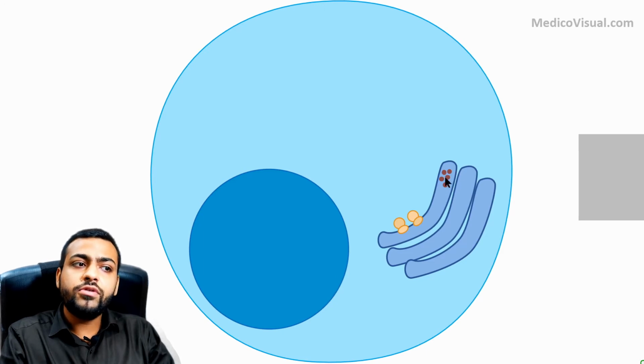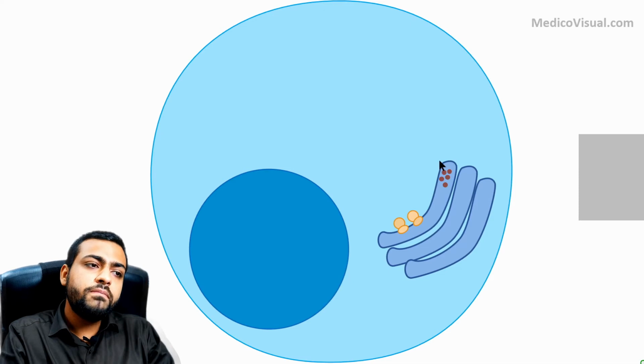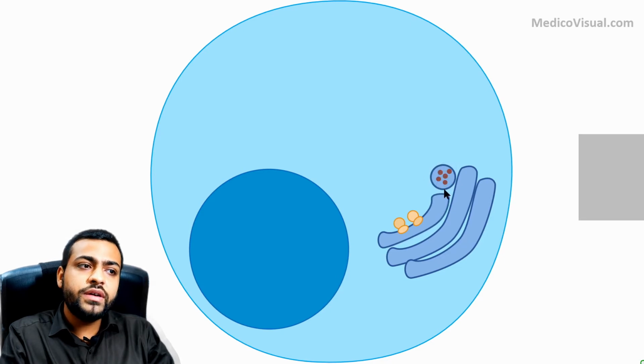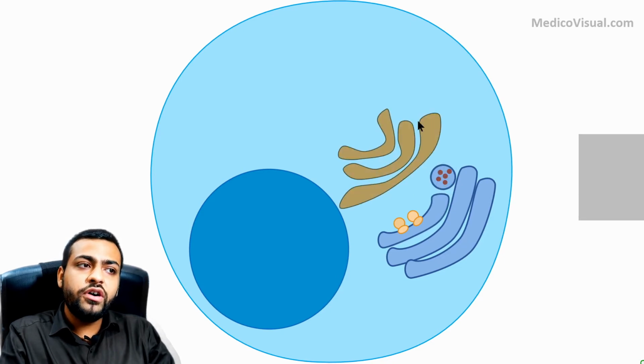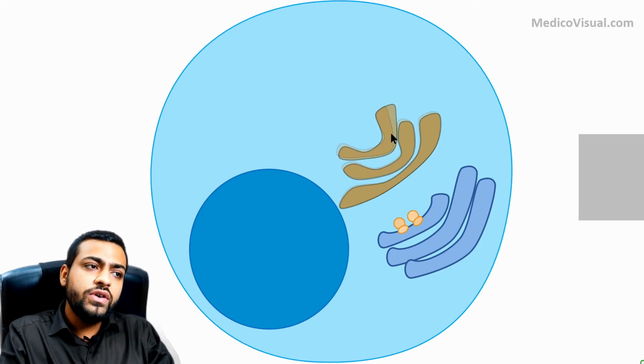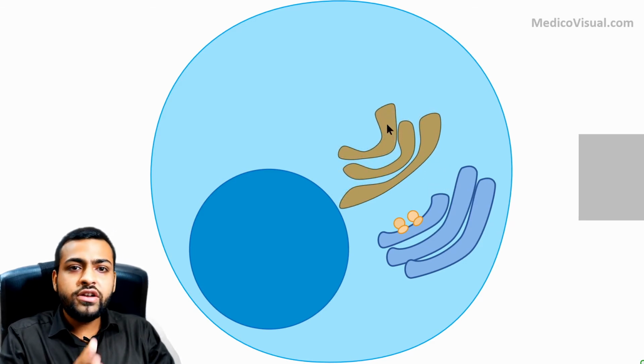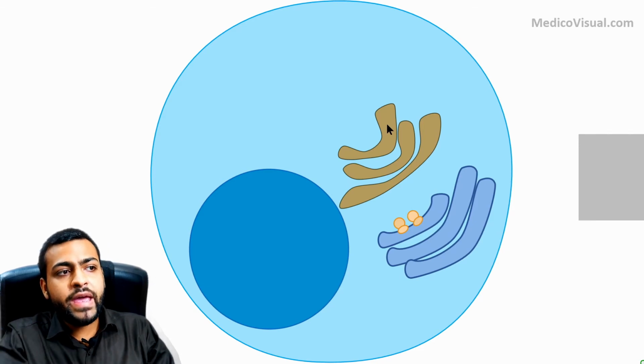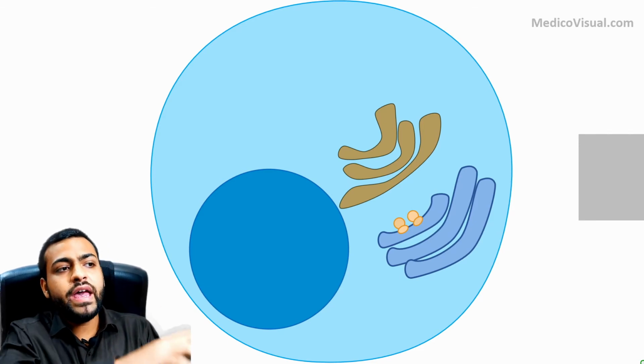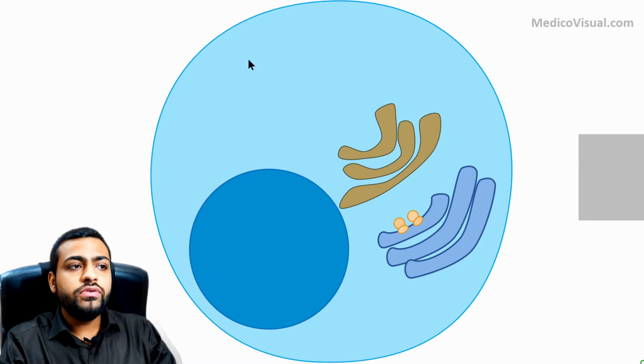So in this way, acrosomal enzymes or proteins are formed in the endoplasmic reticulum, and then some part of the endoplasmic reticulum will bud out, right, and form a special sac, and it will fuse with a part of the Golgi apparatus inside the cell. The Golgi apparatus will then pack these enzymes into a special secretory vesicle.